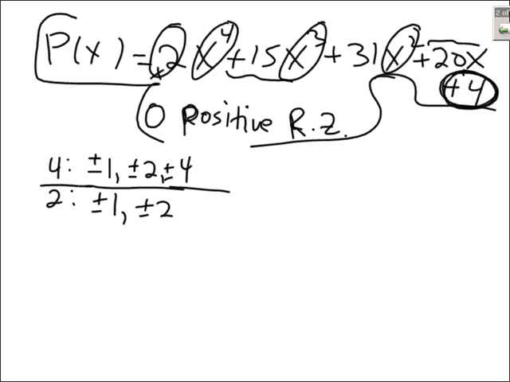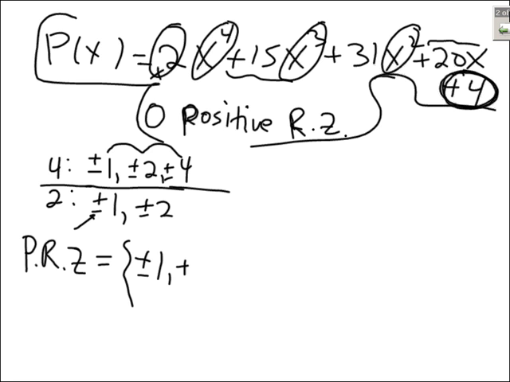So what are the possible rational zeros? Well, I'll take every one of these 6 numbers on top and I'll divide them by plus minus 1. That will just give me the top numbers. And then I'll take every top number and I'll divide it by plus or minus 2. So I get 1 divided by 2 is a half.